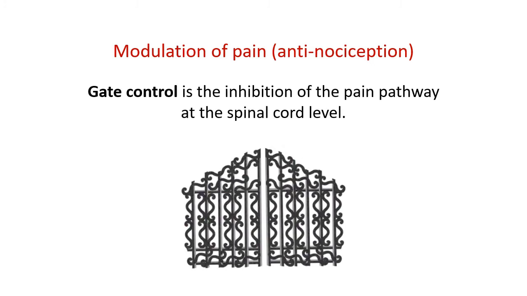Gate control occurs at the spinal cord level. It inhibits the creation of an action potential in the second order afferent. It involves A beta, not A delta, A beta fibers. A beta fibers are not nociceptive.